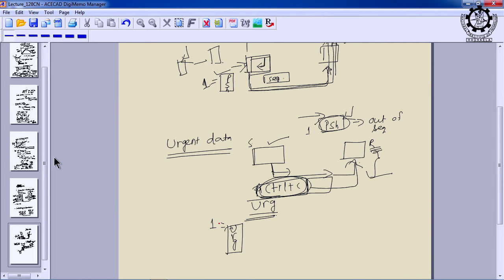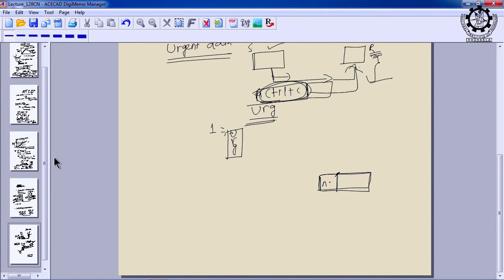It says the address of the last urgent byte. Do you remember? So it builds a segment keeping this control C at the beginning of the segment, setting the urgent bits to 1, and the rest could be anything, normal data in the segment. It does not matter.